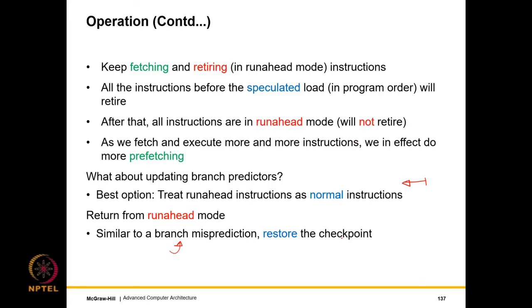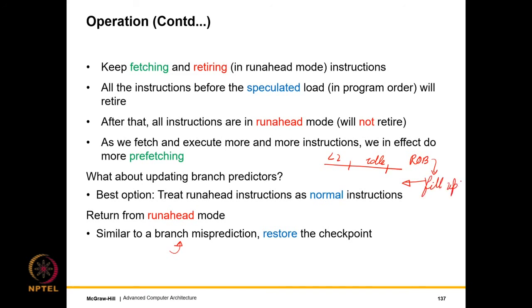But the additional advantage we are getting is that we run these extra instructions when the pipeline would have anyway idled. So what is the key insight? Well, the key insight is that if we have a miss in the L2, after that point for the next 300-400 cycles, the pipeline will basically idle, the ROB will fill up, fetch will stall, and the pipeline will idle.